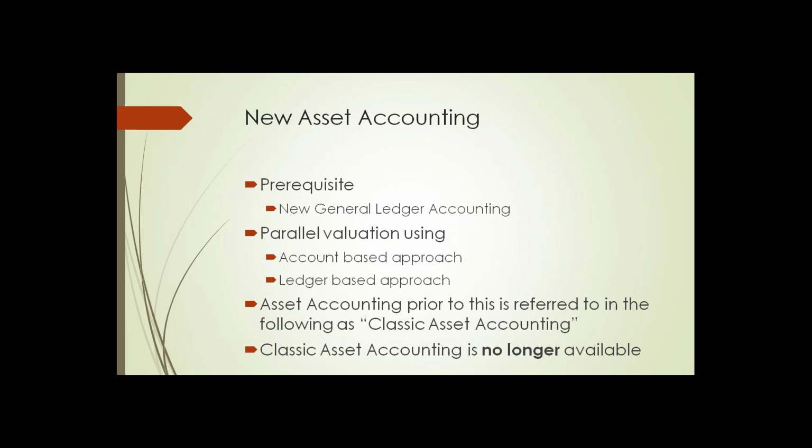Now you may have the question, which I think was asked earlier: if I am using classic asset accounting and I am not agreeing to move to new general ledger accounting, and here I'm saying that if you want to move to new asset accounting, new GL accounting is a must, and at the same time I'm saying that you cannot use classic asset accounting in Simple Finance, so what will happen to my data? It means if I'm using classic GL accounting, I cannot move to new asset accounting in my new system, and that is the only option available.